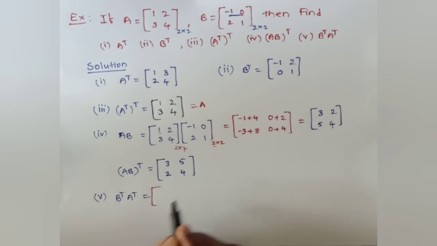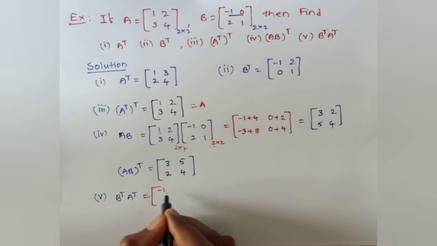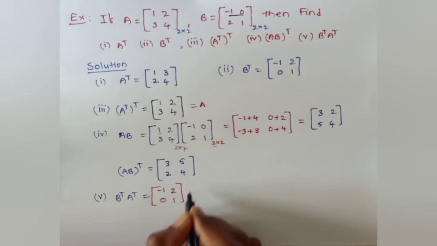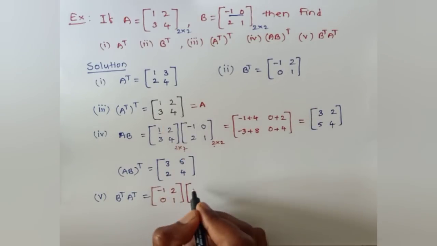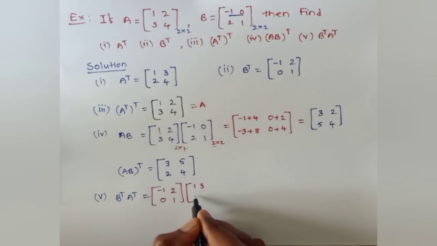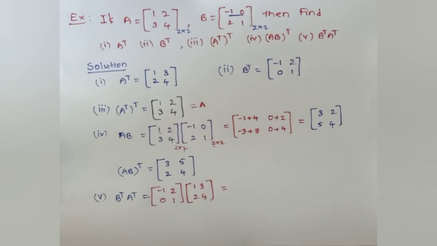B transpose is -1, 2, 0, 1, into the matrix A transpose, which is 1, 3, 2, 4. Next, you need to apply the multiplication, that's it. So 2 by 2 matrix and 2 by 2, so multiplication is conformable and the resultant should be of order 2 by 2 only.